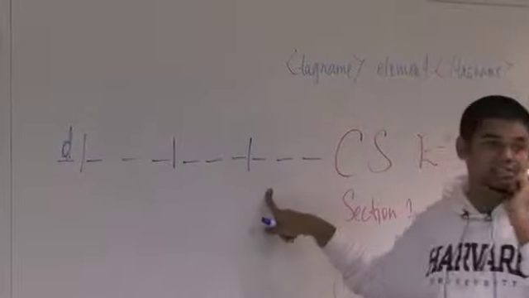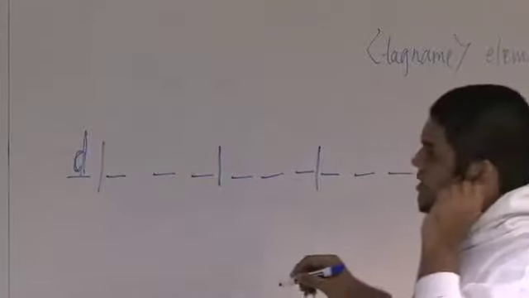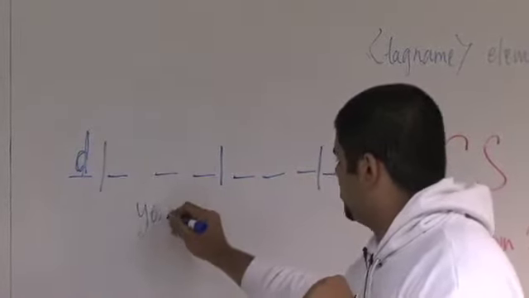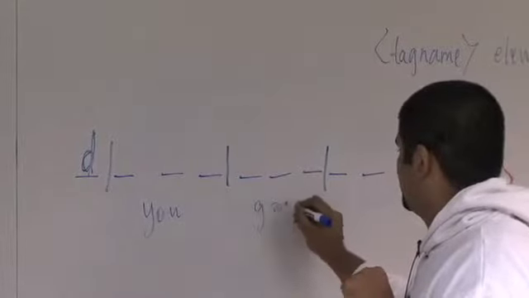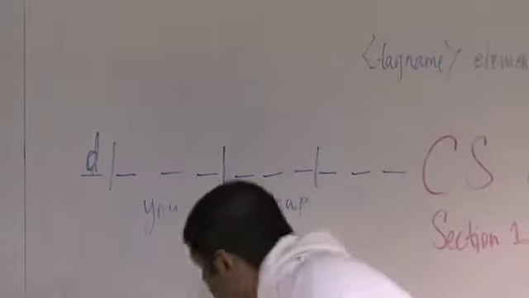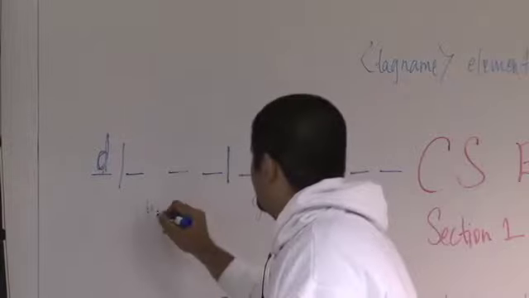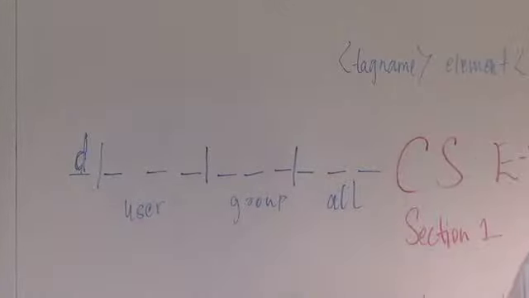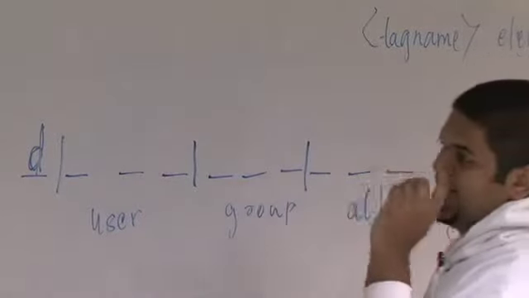These are permissions. So let's make this user, group, and all. Let's write down what exactly this is.